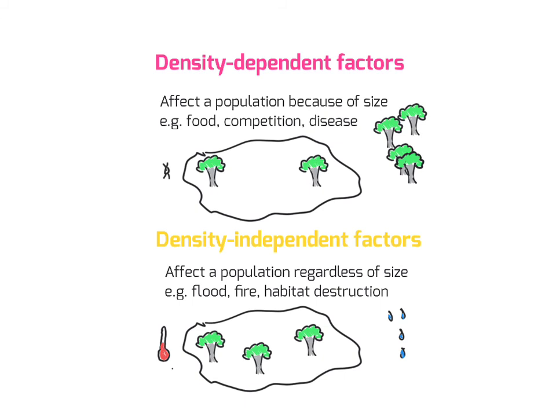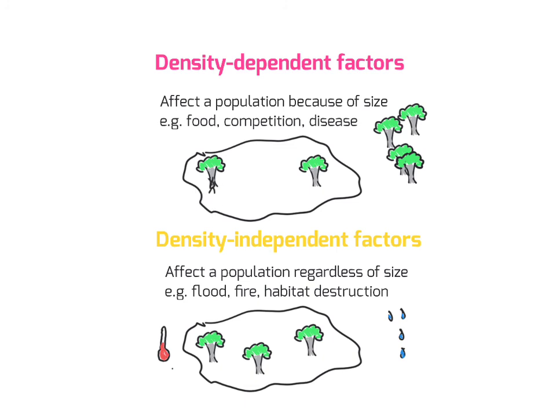And finally, there are two different types of limiting factors. There's density-dependent factors and density-independent. Density-dependent factors are those factors that affect a population because of the size of the population. So, for example, if I have a couple of trees in an area, an ecosystem, certain things like food, competition, and disease.